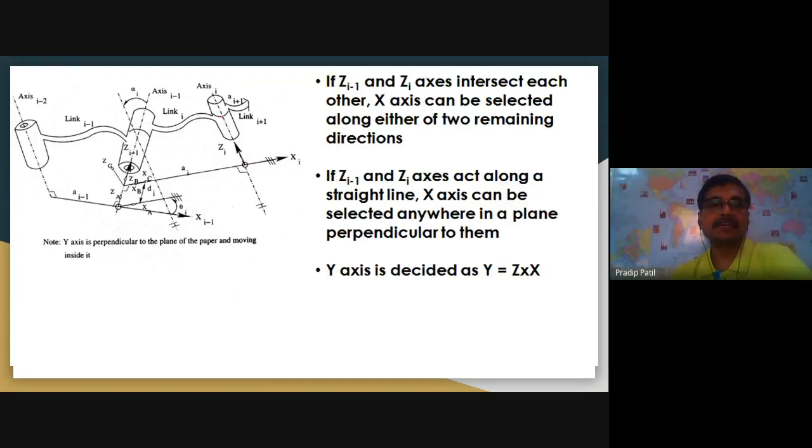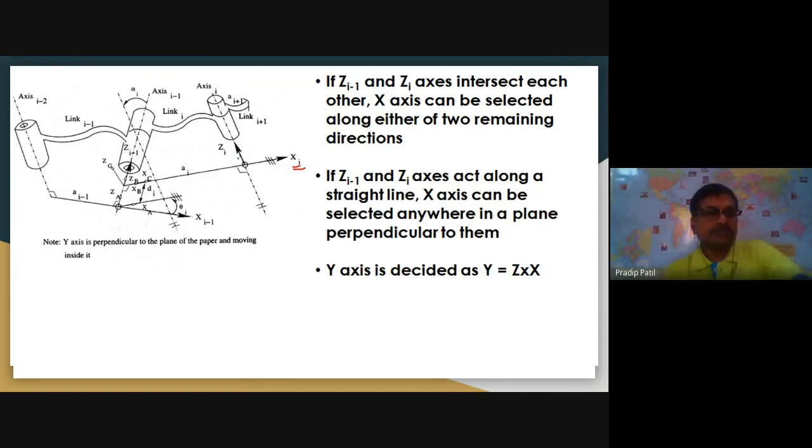Because this is the z-axis, and we are now interested in locating the x-axis. The x-axis can be located by the two rules mentioned here. One is if z i and z i minus 1 intersect with each other, then x can be selected along either of the two remaining directions. In this case, as you can see, this one is z i minus 1 and this is z i.